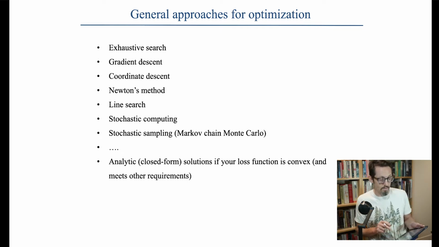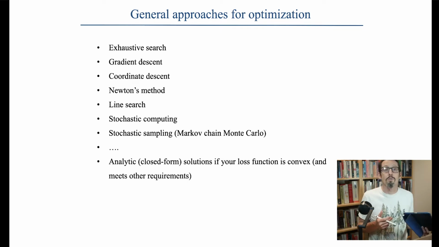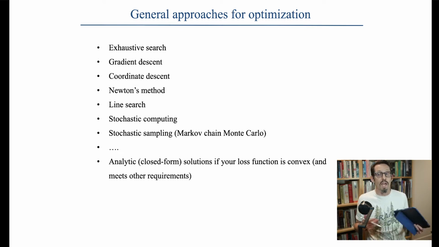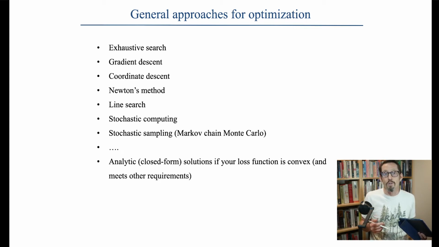But we've already looked at regression in terms of ordinary least squares, and it's one of the places where there's an analytic or closed form solution to your loss function where you can just solve for w, right?